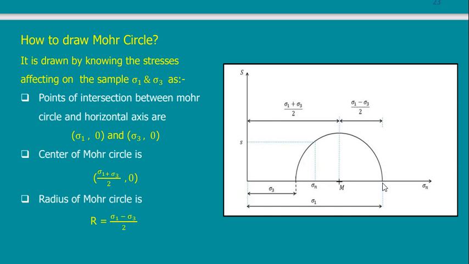He presented this circle that can link everything together. It can link the C and the phi and the vertical stresses that we are applying, sigma 1 and sigma 3, and the induced internal stresses, the tau and the sigma, that will cause the failure of the sample.